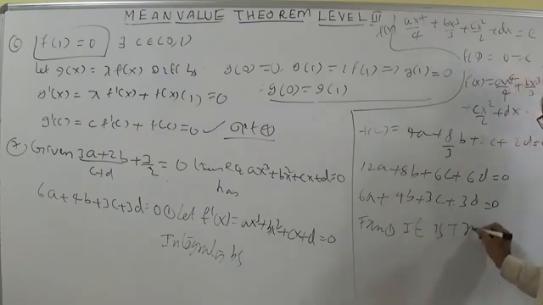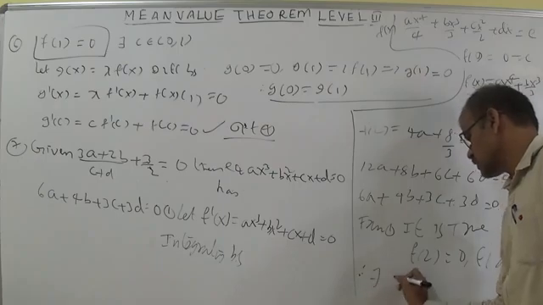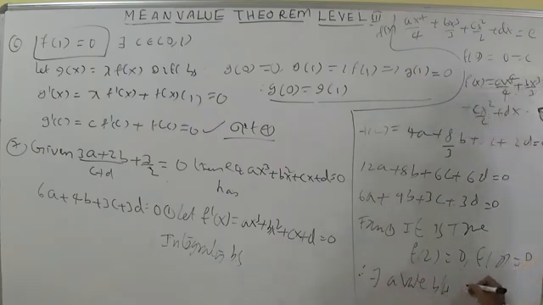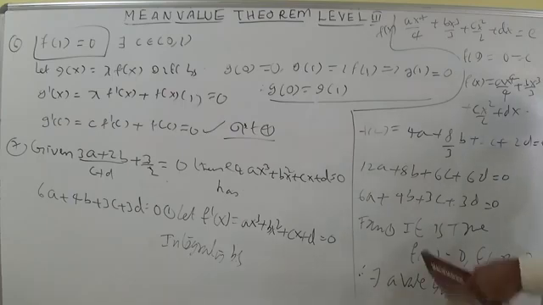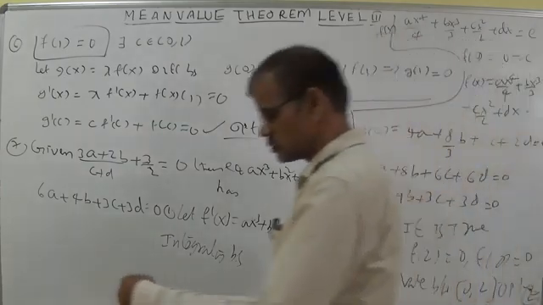What is true, sir? F of 2 is equal to 0 is true, and f of 0 is equal to 0. Therefore, there exists a value between 0 comma 2 closed interval according to option 2.